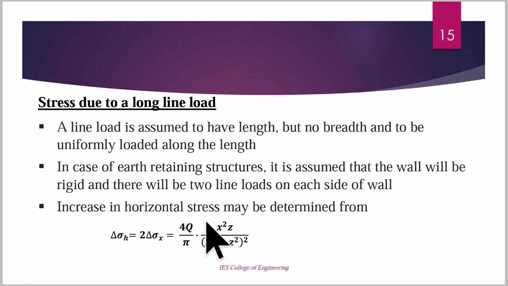Increase in horizontal stress may be determined from the equation delta sigma h is equal to 2 delta sigma x, which is equal to 4q by pi into x square z by (x square plus z square) the whole square, where x is the horizontal distance of the uniformly loaded area.